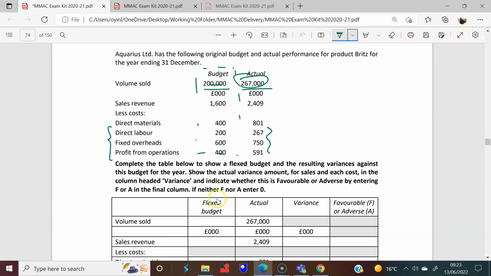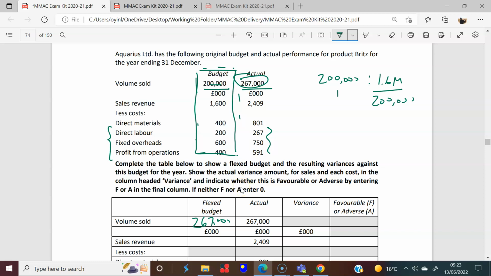Okay, great stuff. So when we talk about flex budgets, we are talking about the same number. We are trying to understand, if I imagine I prepared this budget for 267, what would be the story? So let's look at volume first of all. Given that you're intending on selling 200,000 items for 1.6 million, it means that you're technically trying to sell one item for 1.6 million over 200,000.